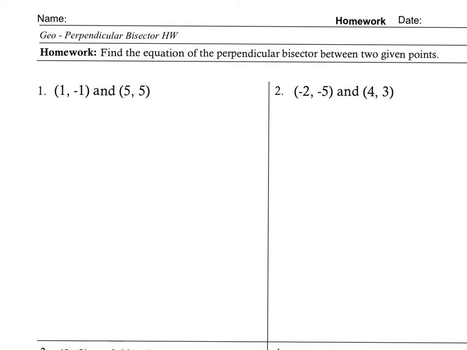Let's try it. The first thing we need is the midpoint between the 2 points, which, as we talked about in class, is the average of the x's and the average of the y's. So that would be 1 plus 5, or 6, over 2, because that's an average, and negative 1 plus 5, which is 4 over 2.